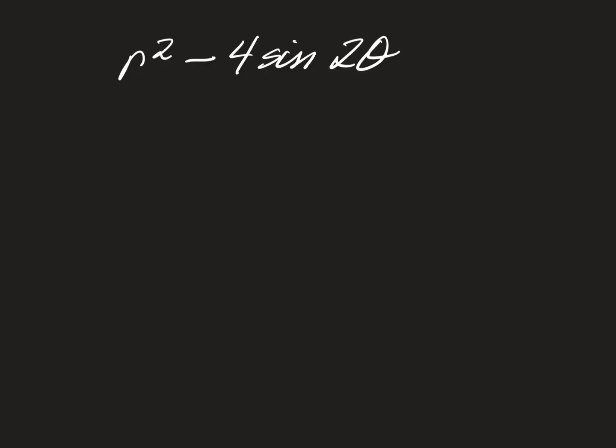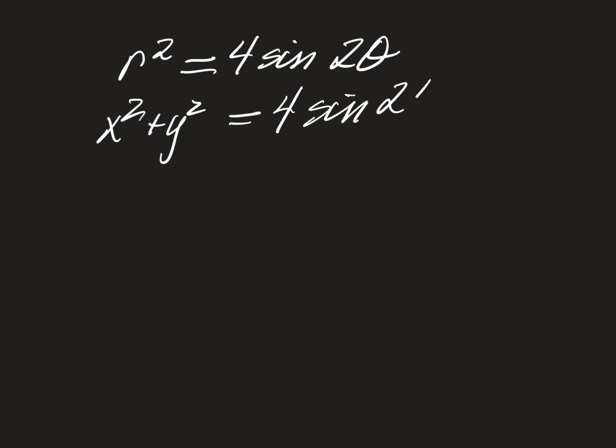Okay, here we go. In this case, we have r squared, so we right away know that is x squared plus y squared. Sorry, it's r squared equals, so it's equal to 4 sine of 2 inverse tangent of y over x.